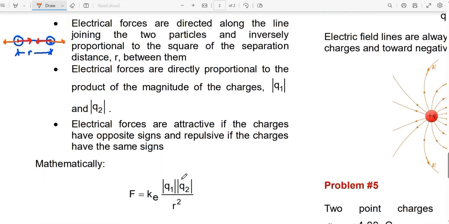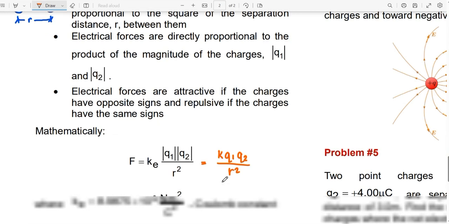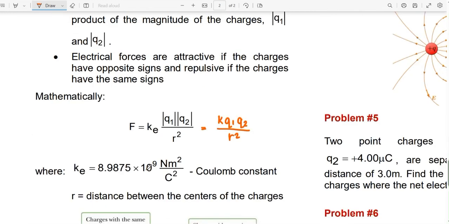Mathematically, Coulomb's law is summarized in this formula: F equals k_e Q1 Q2 over r squared, or we can just write that as k Q1 Q2 over r squared, where k is Coulomb's constant, equal to 8.9875 times 10 to the power of 9 newton meter squared per coulomb squared. And r is the distance between the centers of the charges.